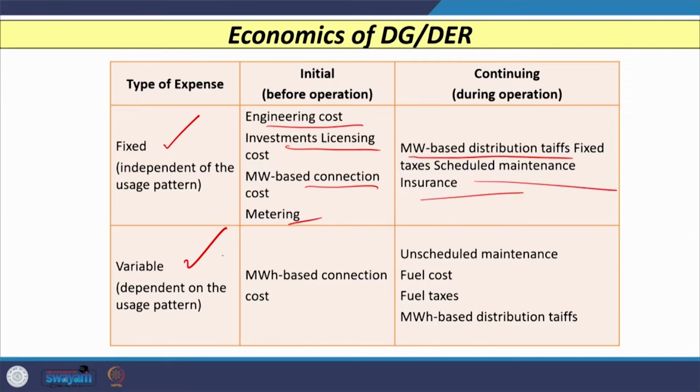Whereas in case of variable expenses for DG or DER, initially it involves megawatt hour based connection cost, whereas during operation it involves unscheduled maintenance cost, fuel cost, fuel taxes and the distribution tariff.